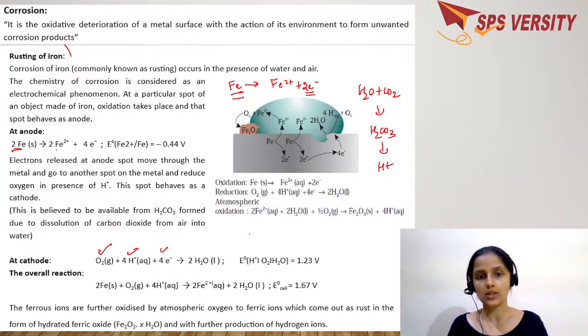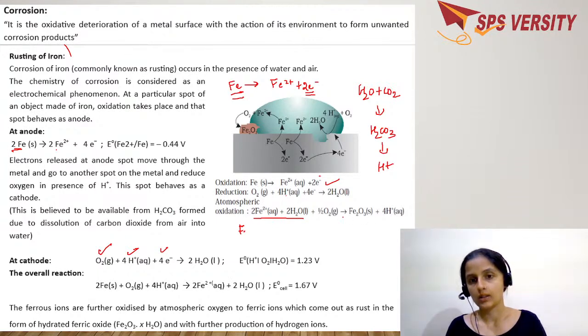Oxidation is Fe gives Fe2+ plus 2 electrons, and the reduction is O2 plus H plus plus electrons gives H2O. You have to balance: the first equation should be multiplied by 2 to make the number of electrons equal, and you cancel out the electrons. Then you get 2 Fe2+ plus H2O.